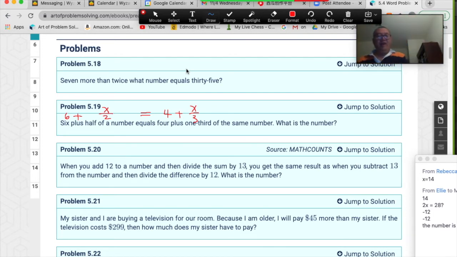Yeah, we are working on problem 5.19. It's shown on my screen here. Okay. Then I already wrote that equation here. You need to solve that equation for x. So is this section word problems?